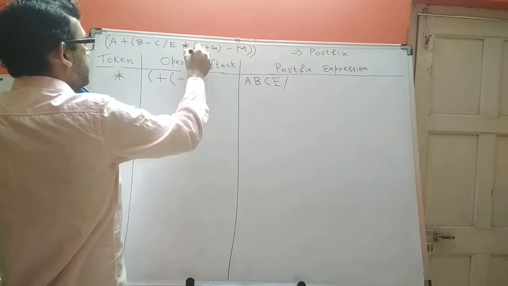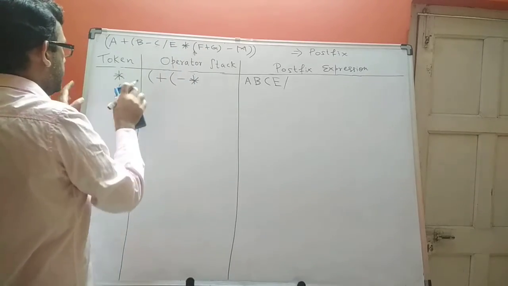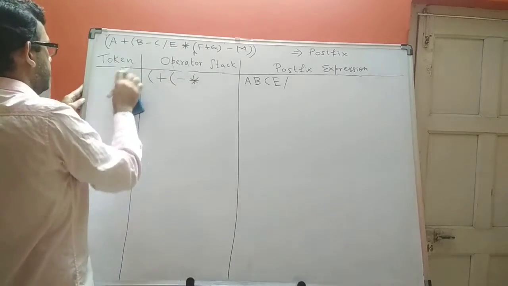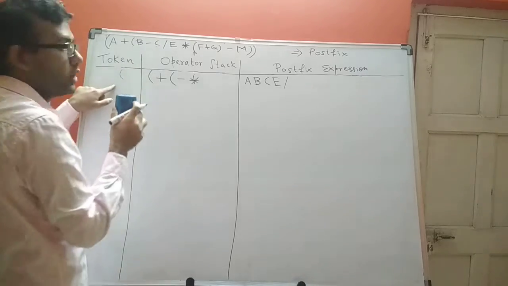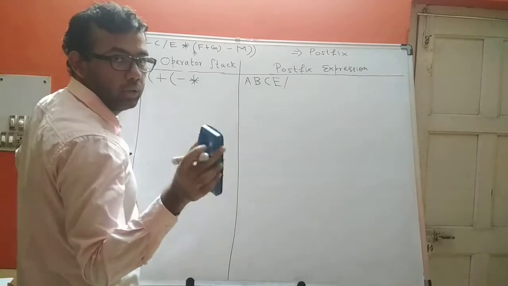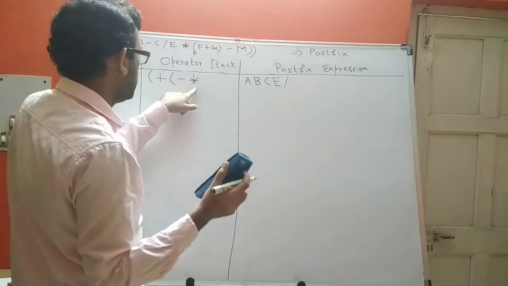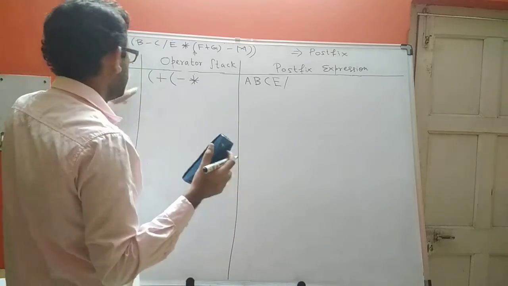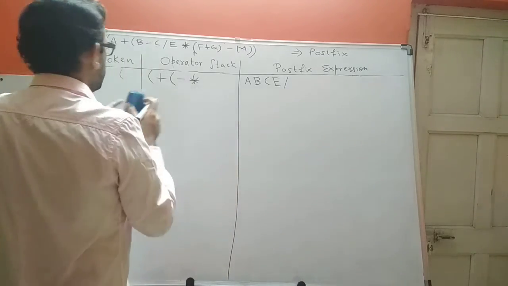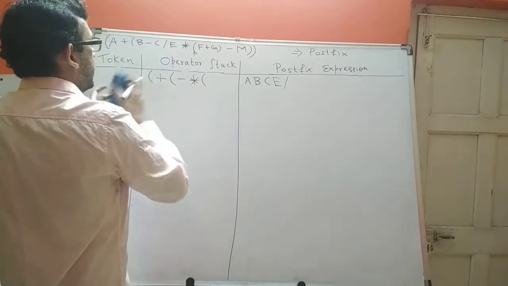Next is opening parentheses. Okay, what I'll do is I'll write it here itself. Opening parentheses is your current token, and when it is the current token, it has higher precedence than all your operators. So it has higher precedence than your star, so it will be pushed onto the stack.